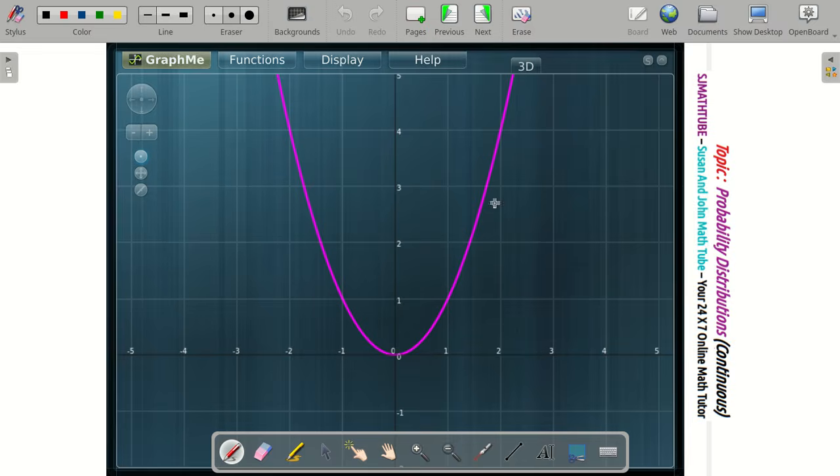Now, take a look at this. It will be more clear. So at 0, the output is 0 square, and are you able to see the values? For every input there is an output, and input comma output will be that pink curve, and we call that curve a parabola.